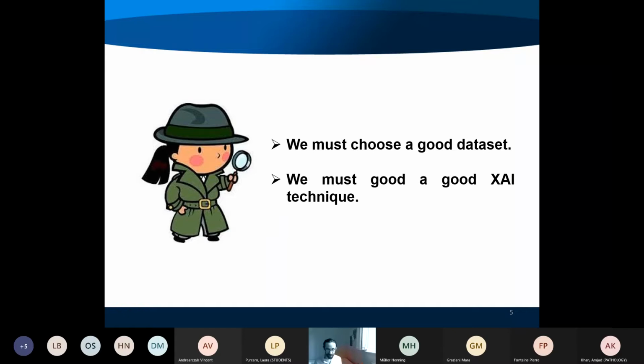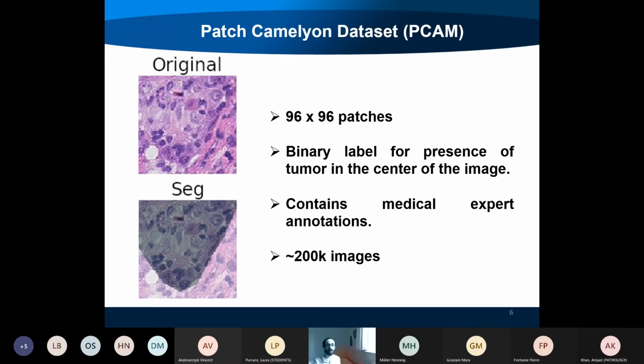Mara has some really interesting work on this, and there are some other papers as well that try to check whether these explainable AI techniques are going to keep working the same if you randomize the network weights, if you randomize the labels of the images, and all of these things, right? So not all techniques pass those tests.